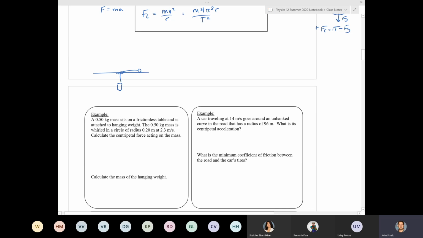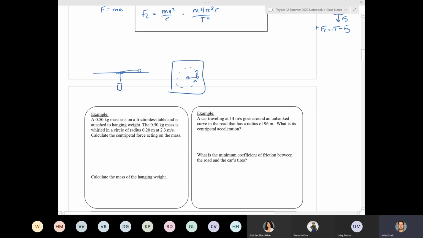Okay, so that's the side view of what's happening. Now the top view of what's happening is we have the circle in the middle, the mass hanging, the mass like that, and then it goes into the circle and it's hanging below the table. Now what we're doing is we're throwing the mass around so that it does this. Okay, it's in a circular path.